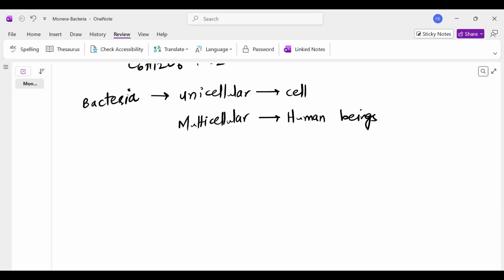Are you getting this? Multicellular is sometimes written as many cells in the books, and similarly unicellular will be written as single cell.